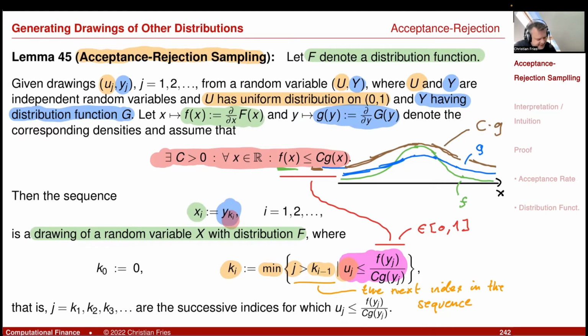So this is actually a criteria to accept the point y or reject the point y. In other words, these indices k1, k2, and so on are the successive indices for which this test criteria, uj less or equal f of yj over c times g of yj, is fulfilled. And so now you see why it's called acceptance rejection.